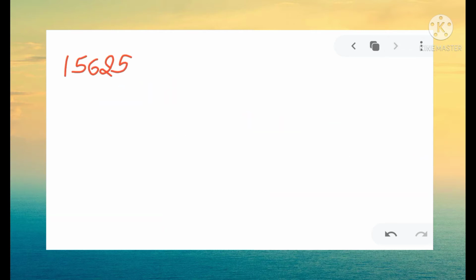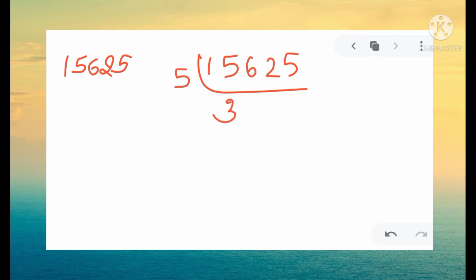Then let us look into another one, 15,625. Let us look at the factorization of 15,625. It is easy to divide this number by 5. So 3 5's are 15. In 6 1 5, 12 2, then 3,125.